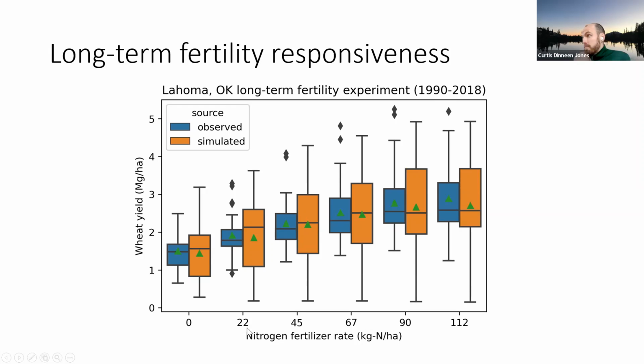You can see overall tracking of the responsiveness in terms of yield across the N rates at the Lahoma site, with a little bit of exaggerated variability compared to the observations.